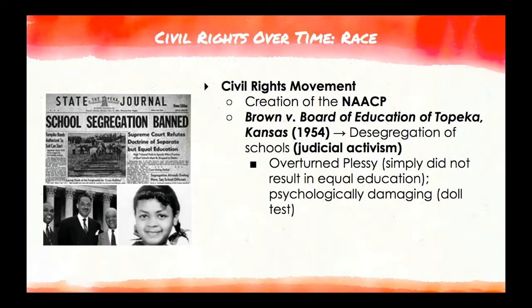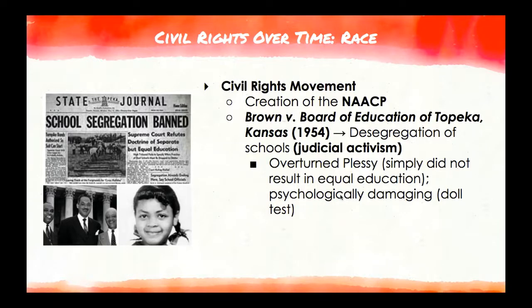And every single girl or child pointed to the black doll. So this allowed the NAACP lawyers to argue that segregation caused feelings of inferiority in the black child. And this was ultimately a very, very successful argument.